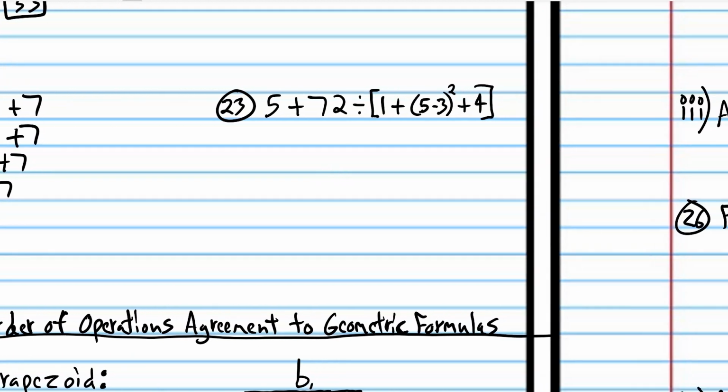The next problem, now you try the next problem. Pause the video, and when you come back, we'll do it together. All right, we're back. 5 minus 3 is 2.